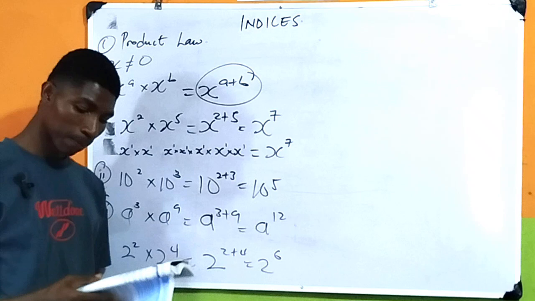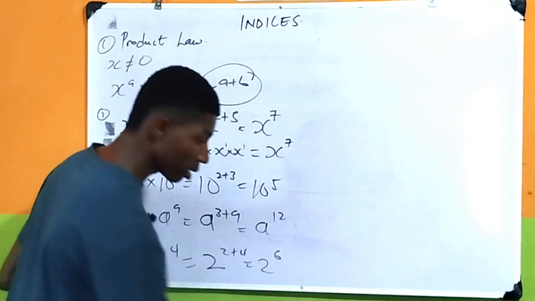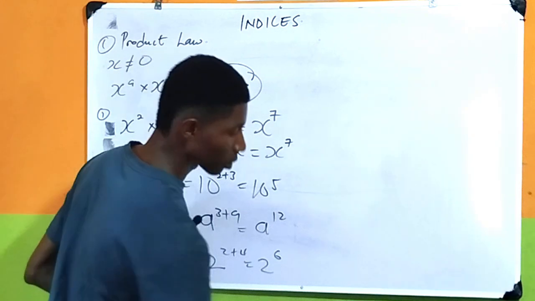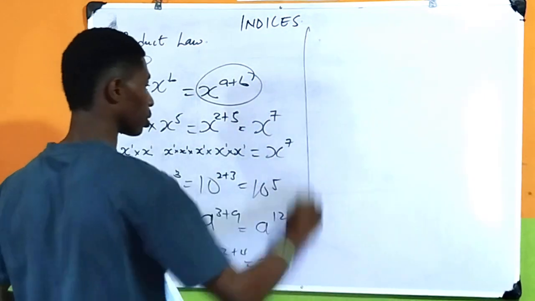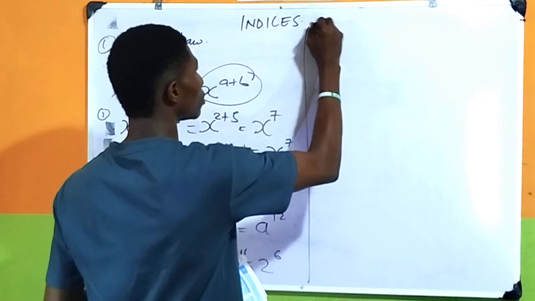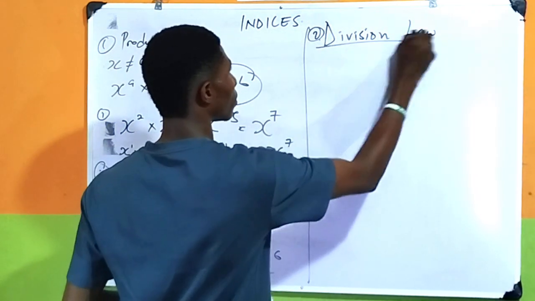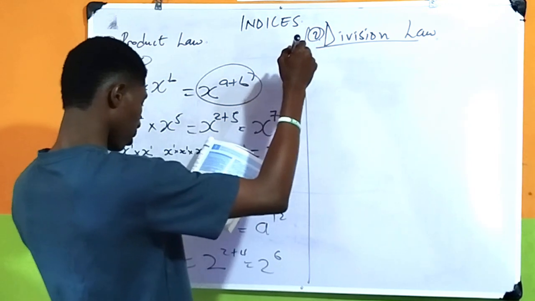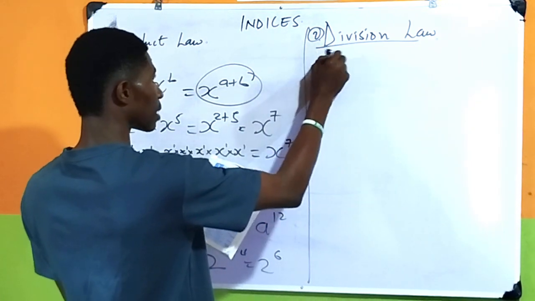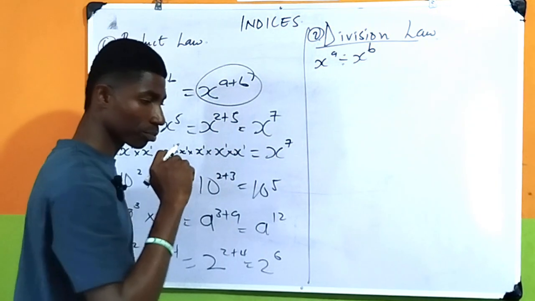Next, we move to the division law of indices. Let's take this illustration: x power a divided by x power b.